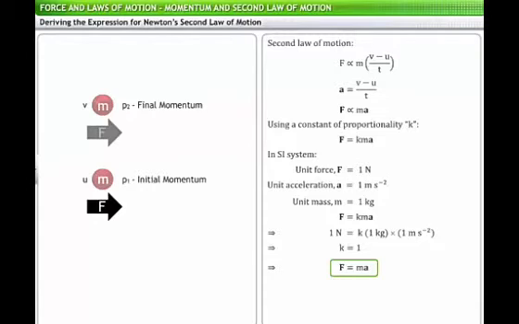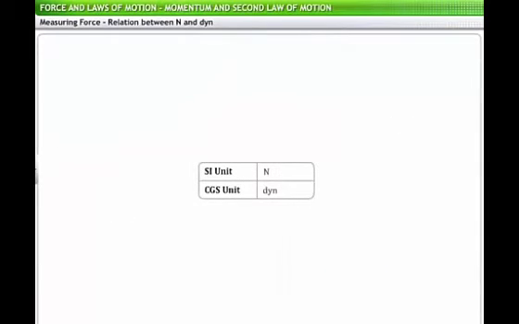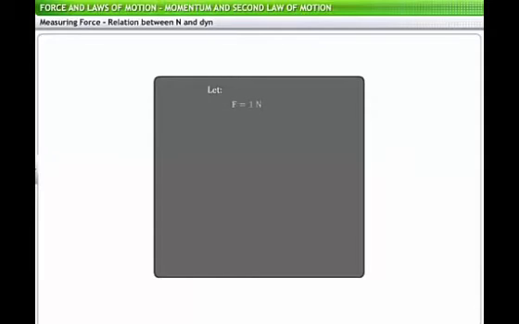Using the expression for the second law of motion, we can define the relationship between the SI unit of force, Newton, and the CGS unit, dyne. Consider unit values for force, mass, and acceleration of an object, and substitute these values in the expression F is equal to ma.